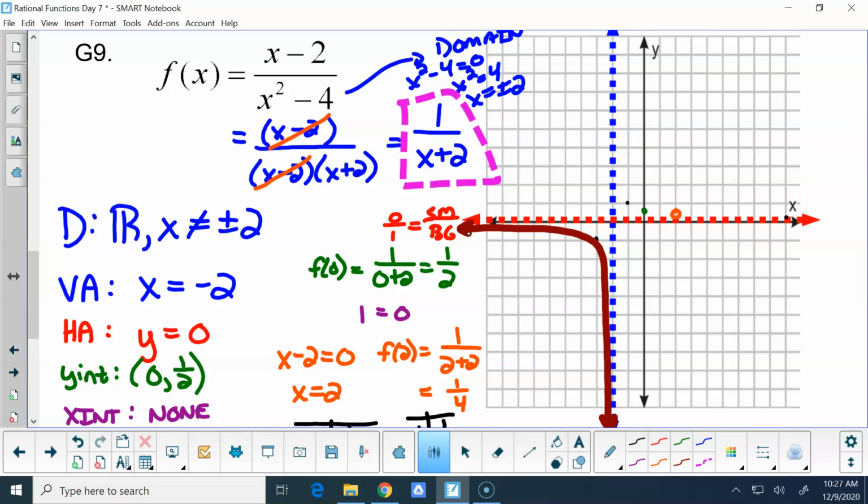On the hole side, I draw it like it's normal, but I stop when I get to my hole. I pick up my pencil and I start on the other side. Don't fill in your hole. Because your hole is literally that. It's a hole in your graph.